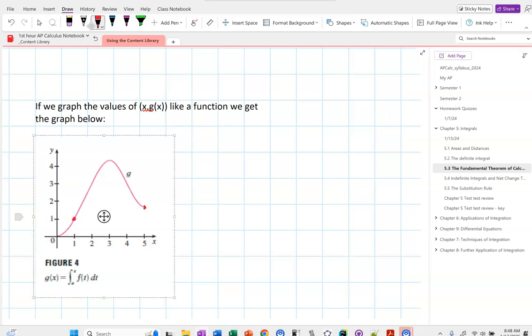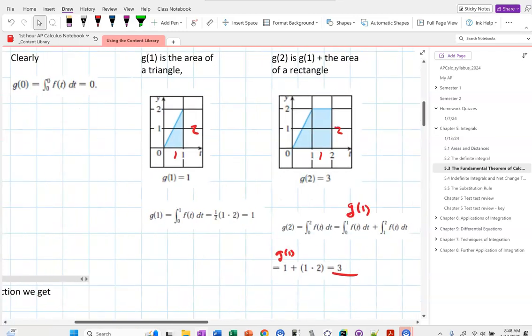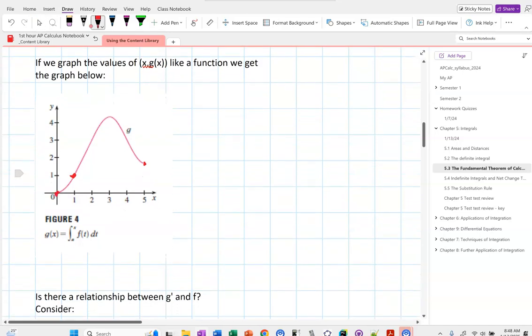I had 0, 0, 1, 1, then 2, 3, and then my 3 was like 4.3 or something. And then 4 was back to 3, and then 5 was like 1.7. So I just plotted those points and connected them with a smooth curve. Does that feel okay?